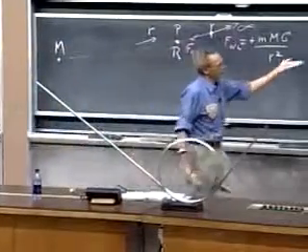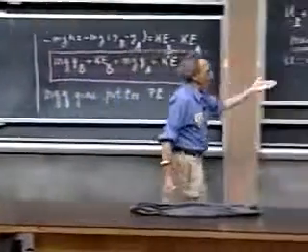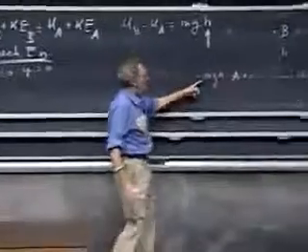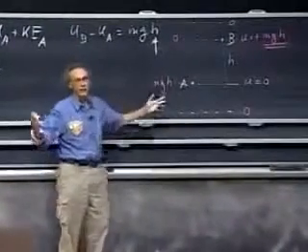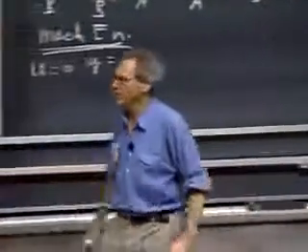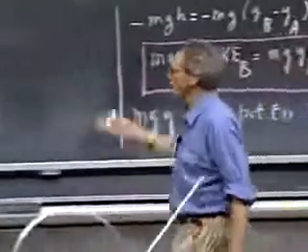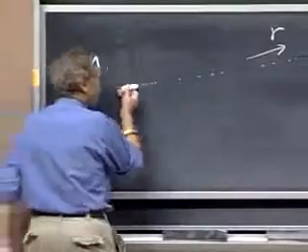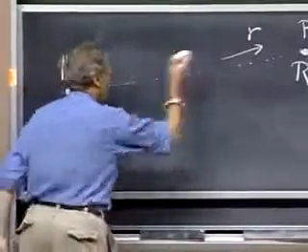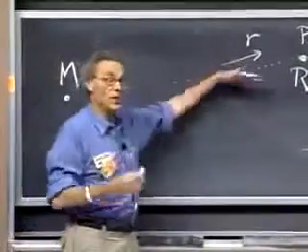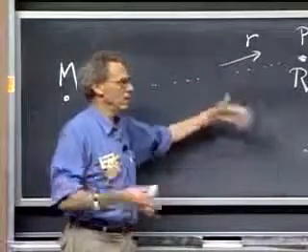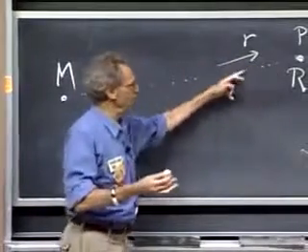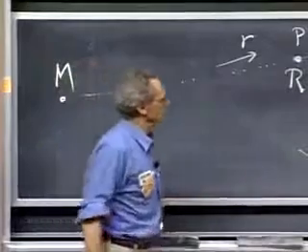Remember that depending upon how you define your zero level here, you also end up with negative values for potential energy. So there's nothing sacred about that. What is important, of course, is that if we get the right answer for the gravitational potential energy, when we move away from this object the gravitational potential energy increases. That's all that matters. But whether it is negative or positive is irrelevant.